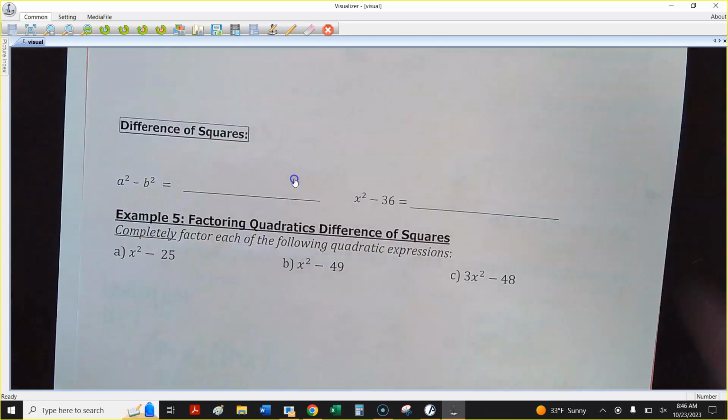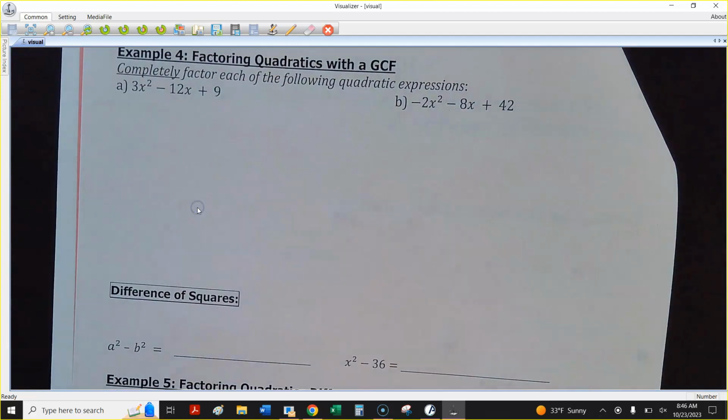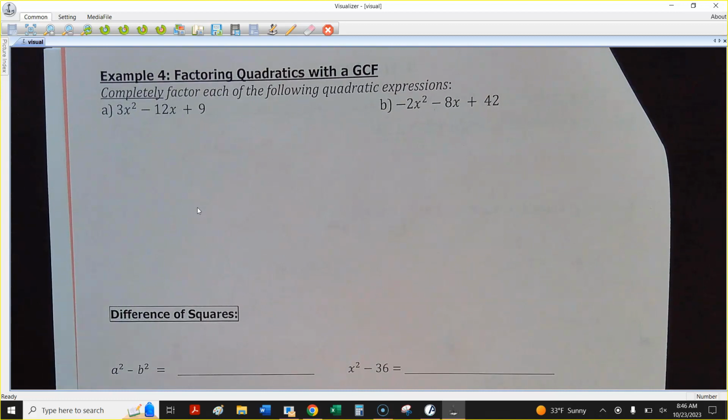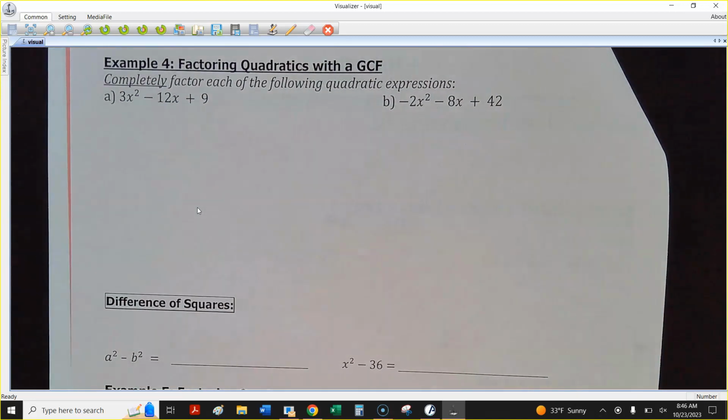Now, what I have here on the back, this is a similar problem, but I didn't have anything like this on the other side. Anytime you try to factor anything, really, we talked about this a little bit before the break. If all the terms have a greatest common factor, you should definitely take that out in front first.